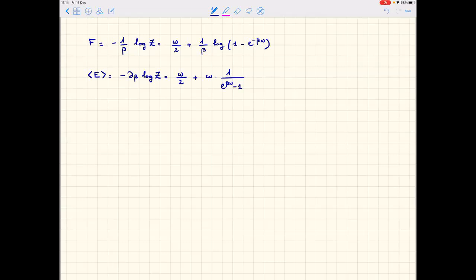Now, if you remember, what is the average energy, right? Remember that the energy is the average of omega times n plus 1/2, right? So the average energy is omega times the average n plus 1/2.